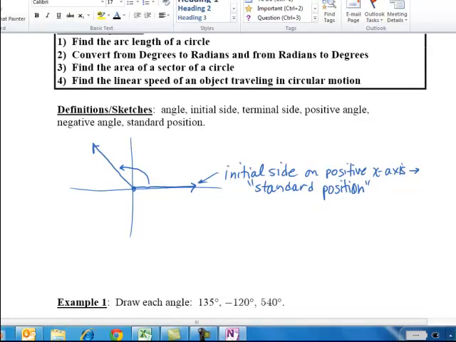Alright, I think my pen's working now. So again, the initial side, if it's on the positive x-axis, that's called an angle in standard position. And now, if we rotate in a counterclockwise direction for what's called the terminal side, then that's called a positive angle.